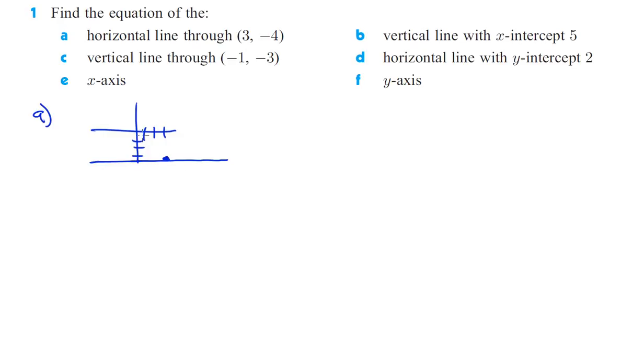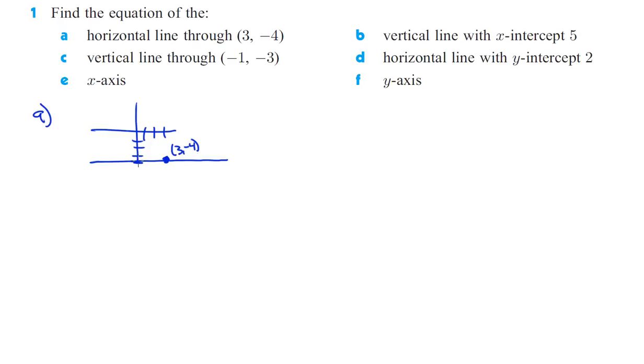This can be a struggle for some people, but if you really get stuck, figure out a couple of coordinates on the line, and it should start to help you figure out pretty quick what this is. We know this is (3, -4).